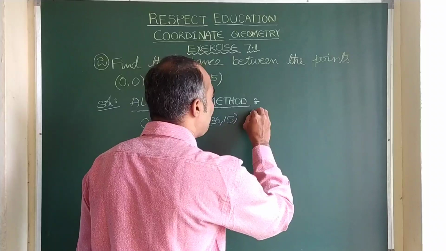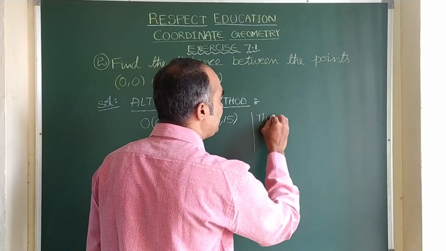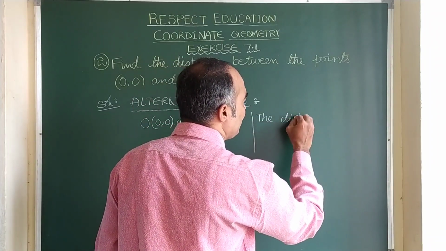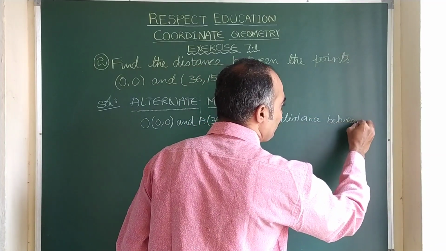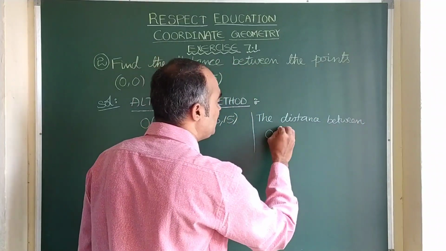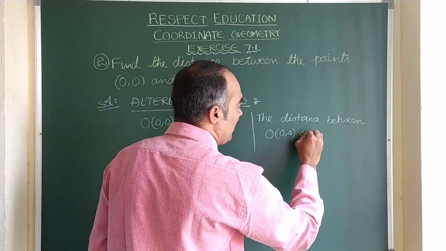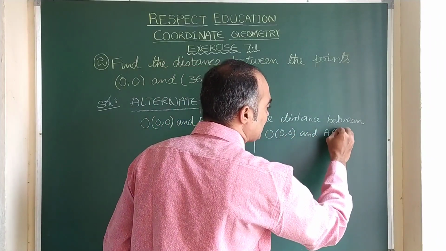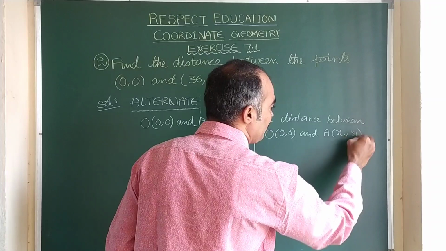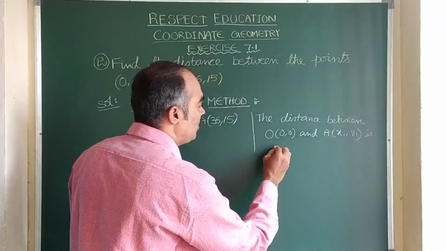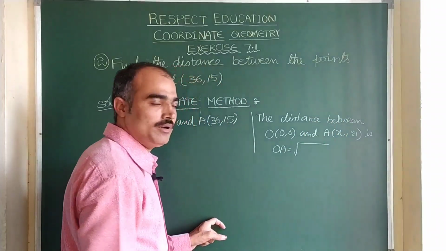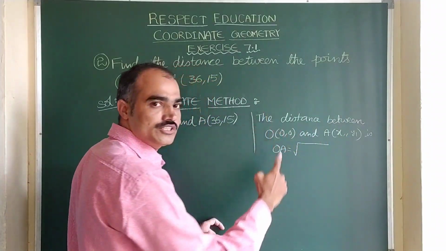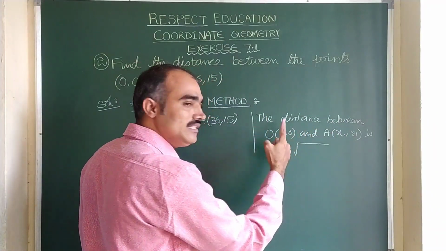So here, the formula you see, the distance between O (0, 0) and A (x1, y1) is OA equal to, directly we can write the formula, the square root of (x1 minus 0) whole square. x1 minus 0 means x1.